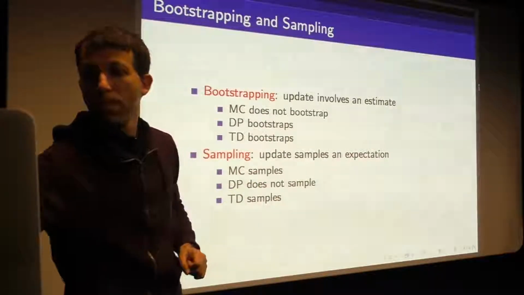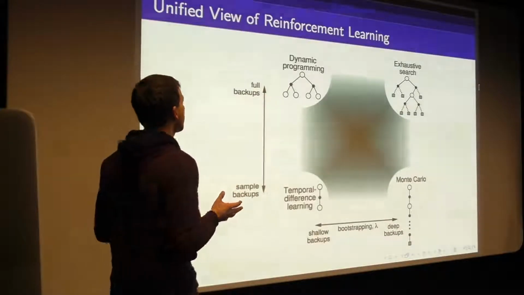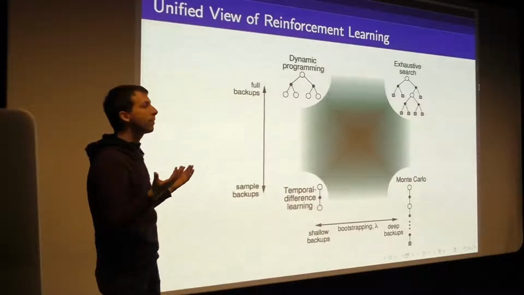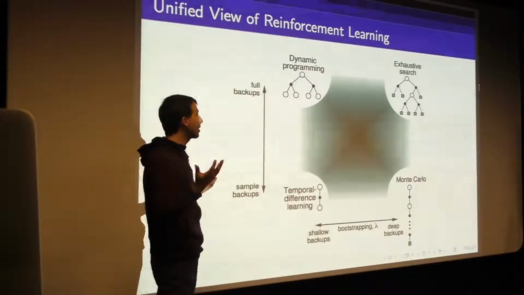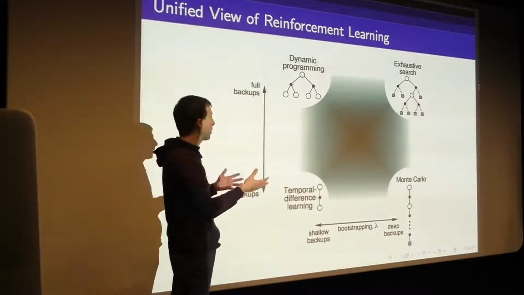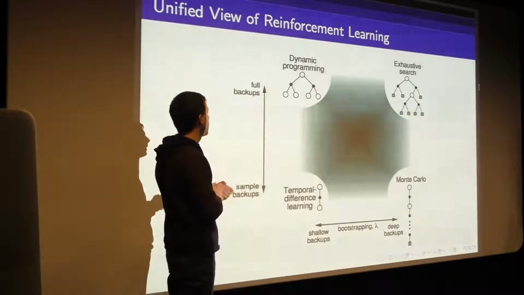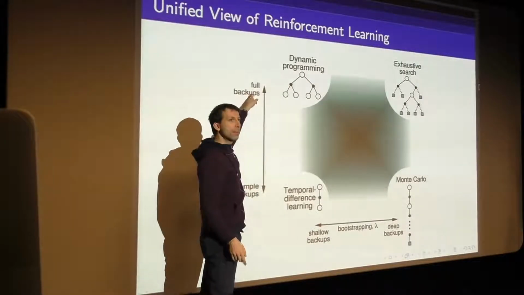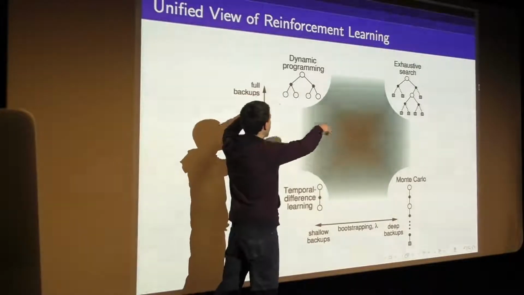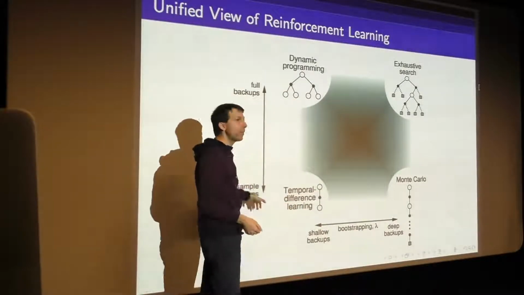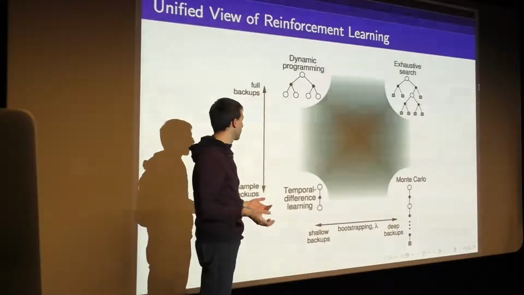Good. So that gives us this picture, sort of gives us the space of unified view, if you like, of methods for policy evaluation. We'll also have the same picture for control that applies throughout reinforcement learning, where you can either use these full width backups that do this exhaustive look ahead over all the different choices you might make, or we could sample the dynamics.